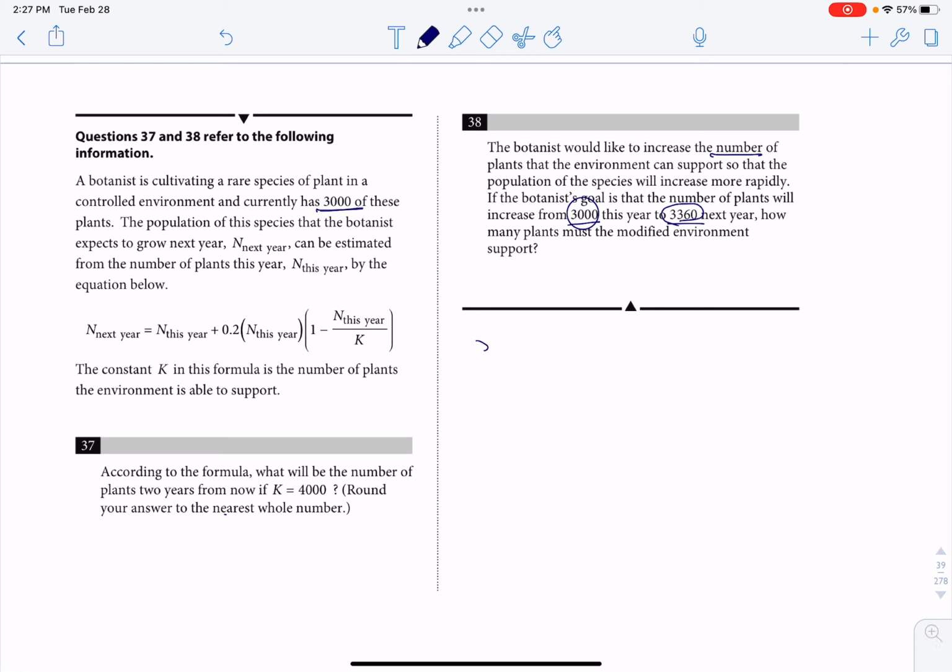So you plug in 3,360 for the number of plants next year, equal to this year's 3,000 plus 0.2 times 3,000 times 1 minus 3,000 over, you don't know the K value. That's what they want. Then first step, you subtract 3,000.